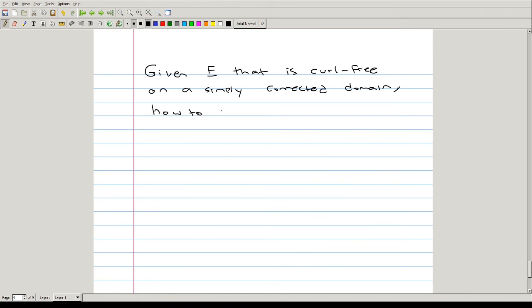So given a vector field f that is curl free on a simply connected domain, how can we recover the scalar potential?